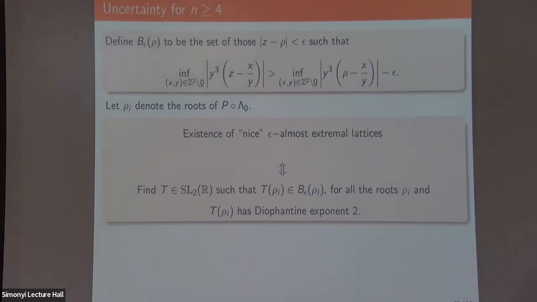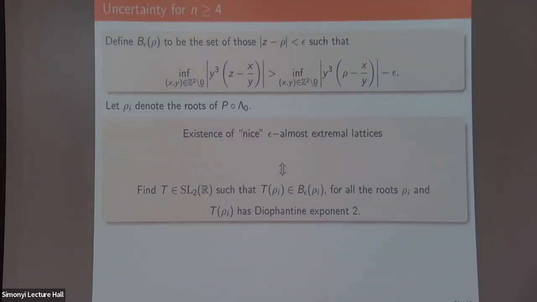We find some numbers rho_1' in B epsilon of rho_1 intersected with E2, where E2 will be the numbers of Davenport exponent 2.